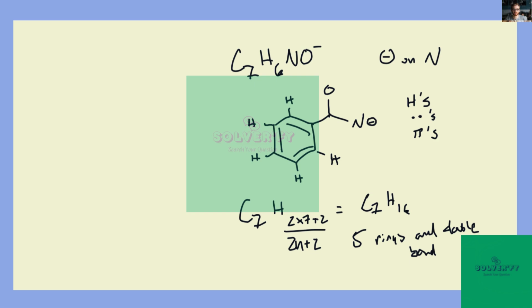So the only places we can add double bonds at this point would be a double bond to oxygen and adding a hydrogen to nitrogen, or adding a double bond to nitrogen and a hydrogen to oxygen. As it turns out, if we have a negative charge on nitrogen, we would not expect it to be sp2 hybridized.